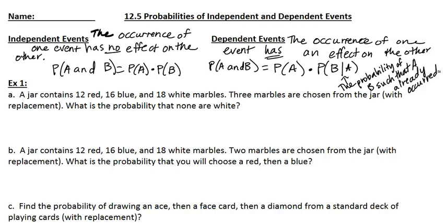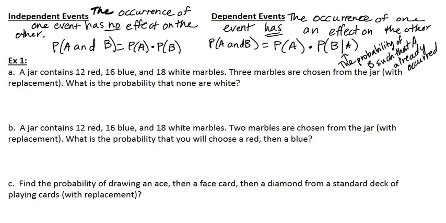Let's look at example 1A. A jar contains 12 red, 16 blue, and 18 white marbles. 3 marbles are chosen from the jar with replacement. What is the probability that none are white? Okay, with replacement, you need to know this. What that means is they put it back before picking the second marble. So they picked up a marble, put it back before picking up the second marble.